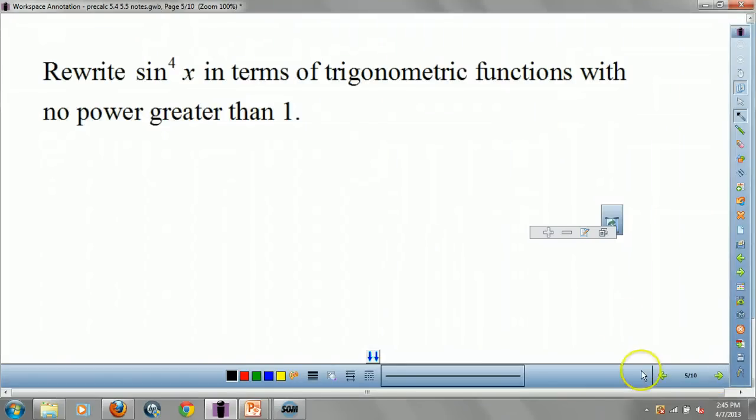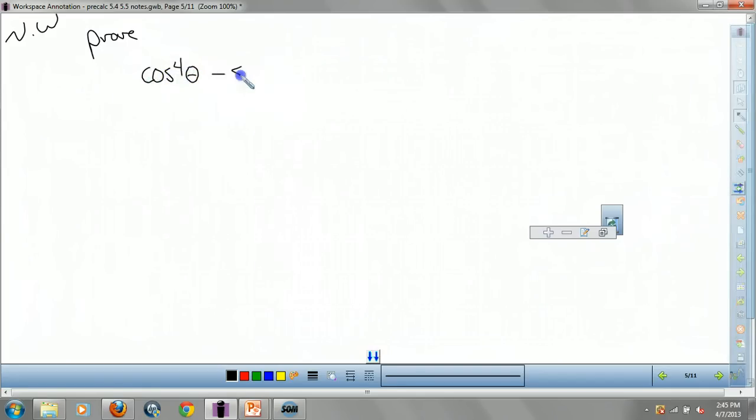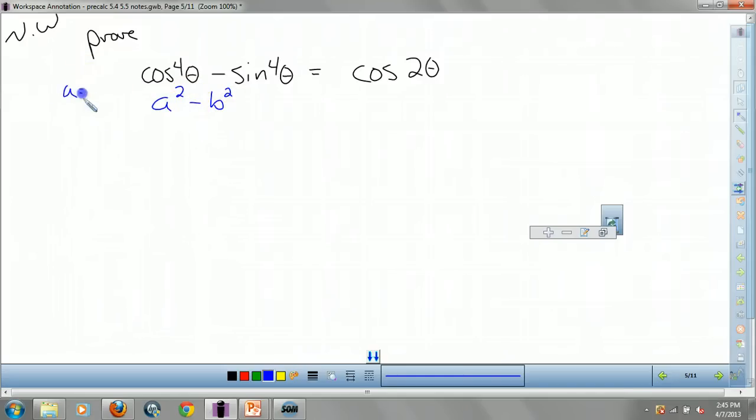Let's actually use this stuff. Let's do a proof. Prove cosine to the 4th of theta minus sine to the 4th of theta equals cosine of 2 theta. First thing I'm going to notice is this is a squared minus b squared, where a is cosine squared and b is sine squared.